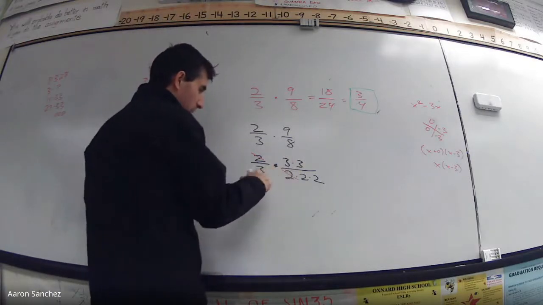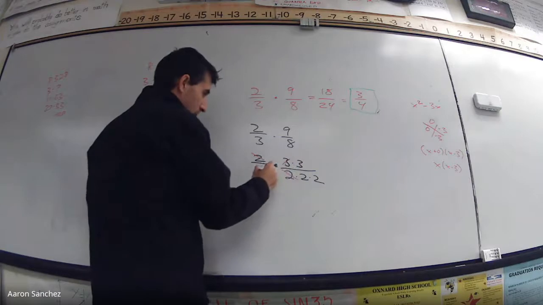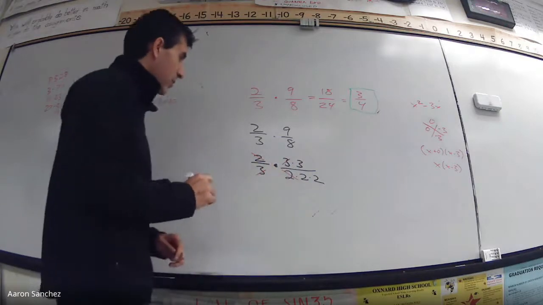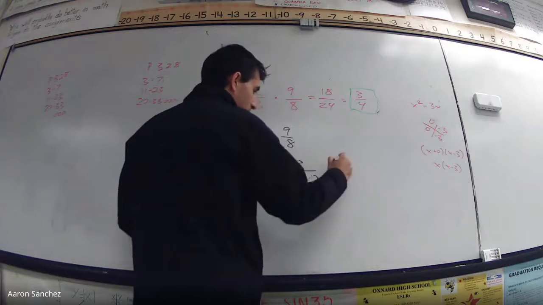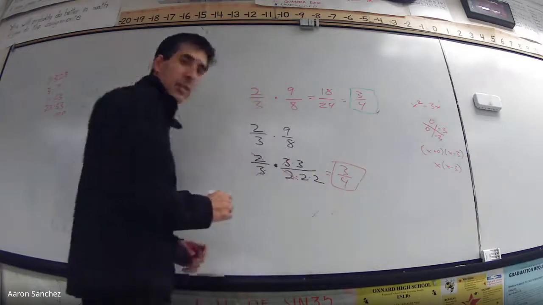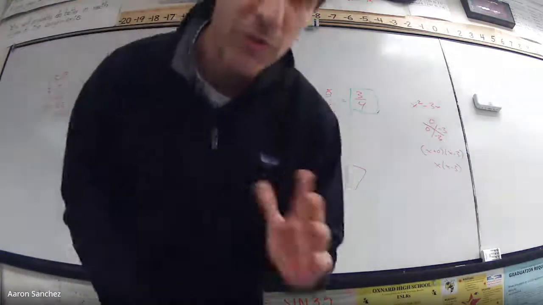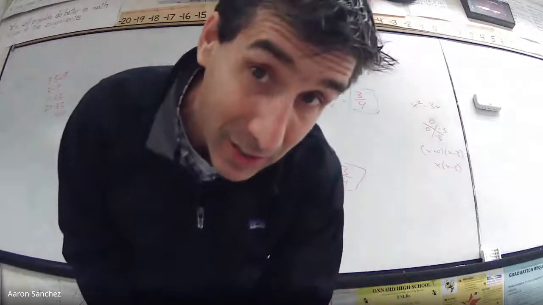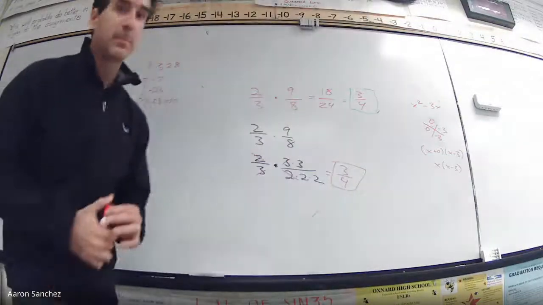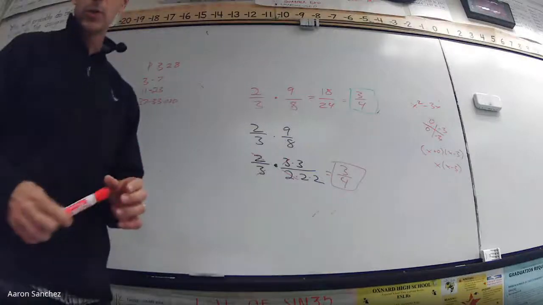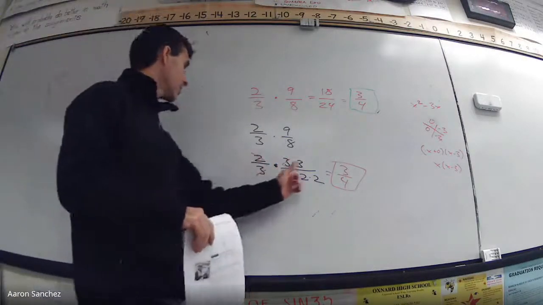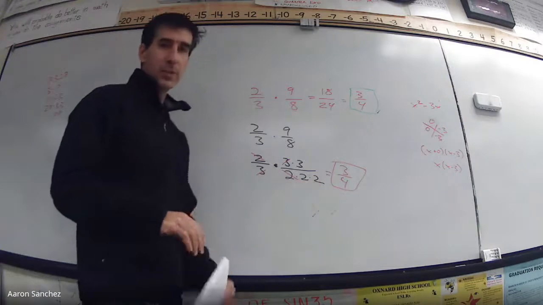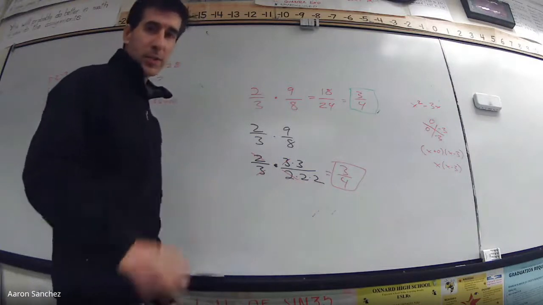I have a 3 in the numerator, 3 in the denominator, cross those out. What do I have left over? 3 in the numerator, 2 times 2 is 4. And that's how I want you to do that. So basically we factor and then cross out. Okay? So understand that concept. You guys with me? We factor, 3 times 3, 2 times 2 times 2, and then cross out. Okay. Are there any questions on this so far?